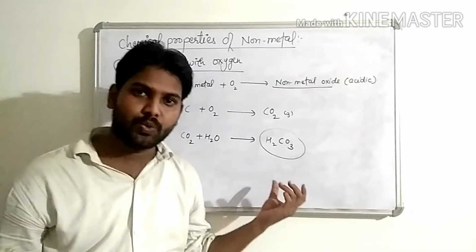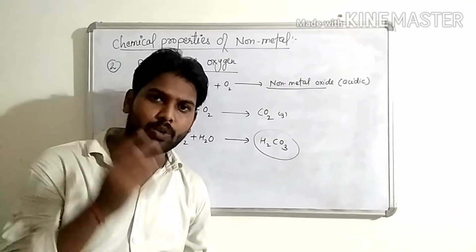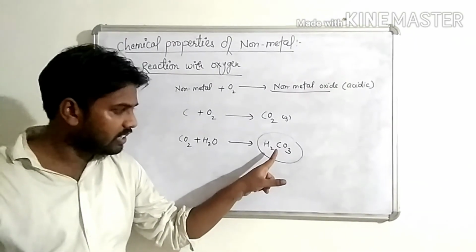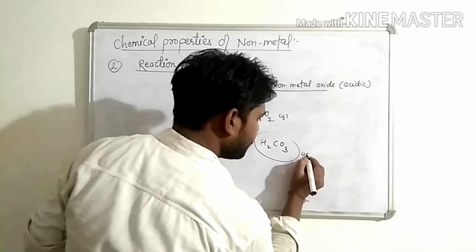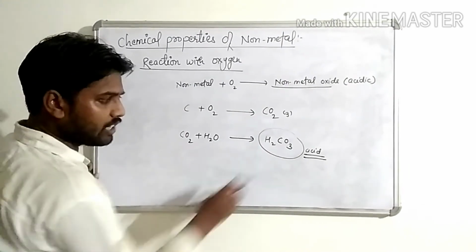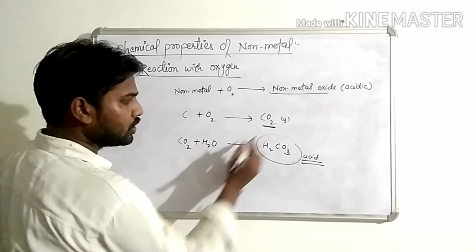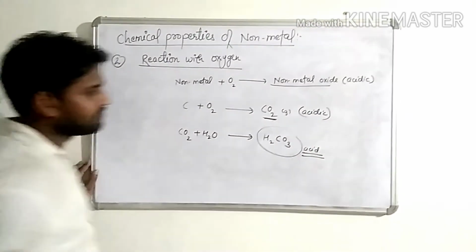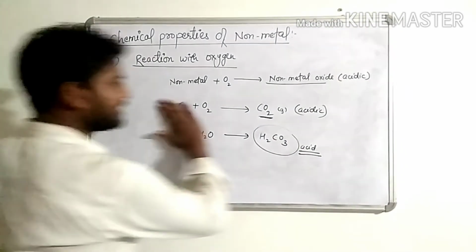In chapter 2, I explained that those compounds which contain hydrogen ions are acids. So this compound contains hydrogen ions, so this is an acid, carbonic acid. From the second equation, we can say that carbon dioxide gas shows acidic behavior. Clear, children?